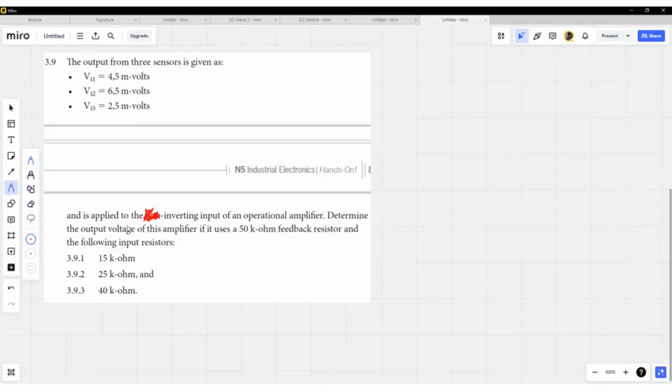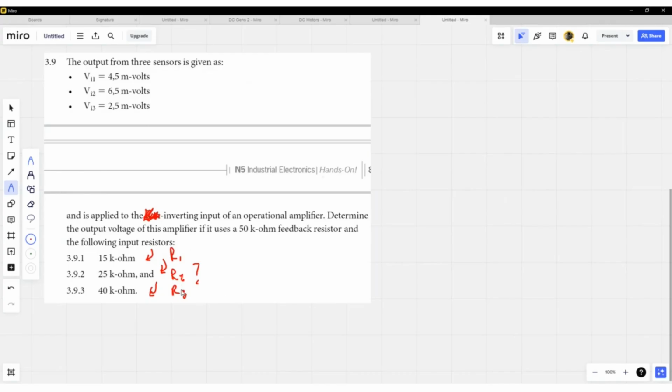And we need to determine the output voltage if this amplifier uses a 50 kilo ohm feedback resistor and the following input resistors. Now, they give here different input resistors. I don't know if the author meant that that is R1, R2, and R3. I have no idea, but that's how I'm going to treat it.